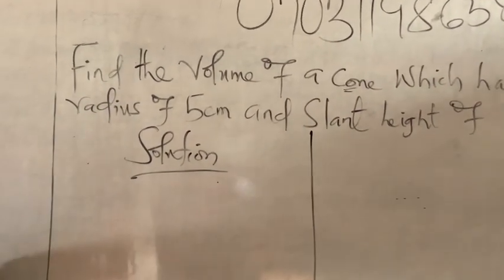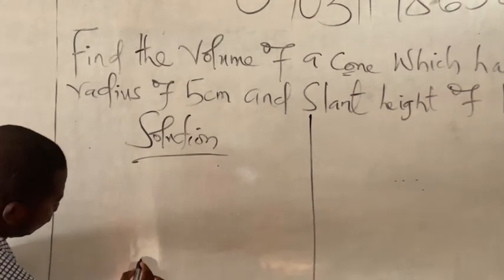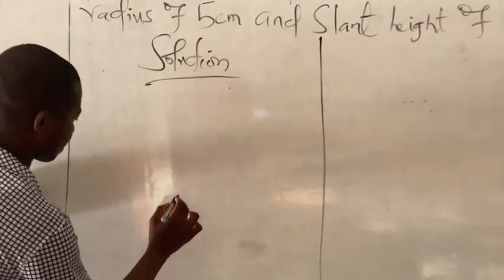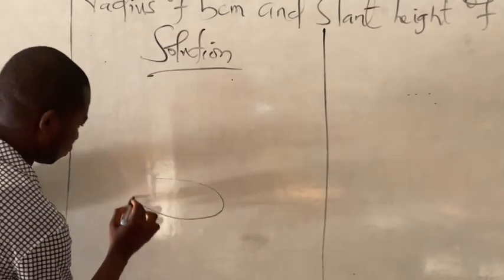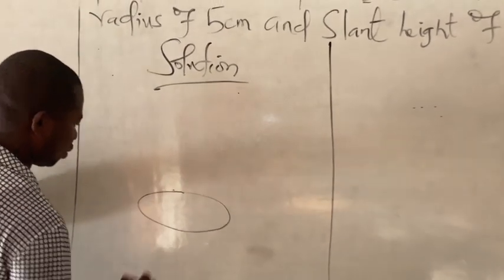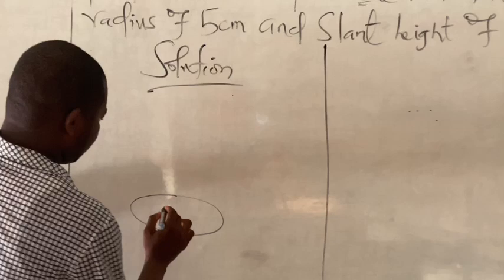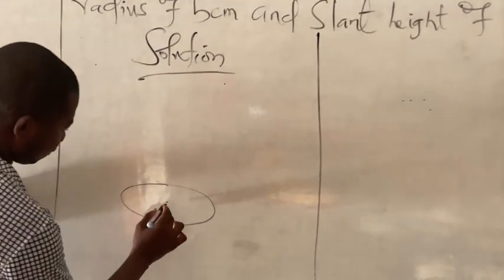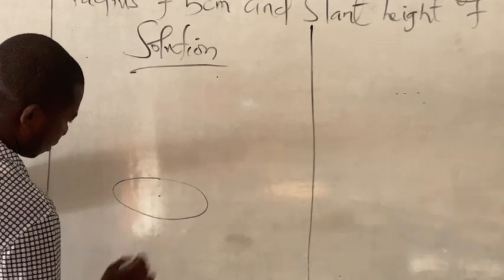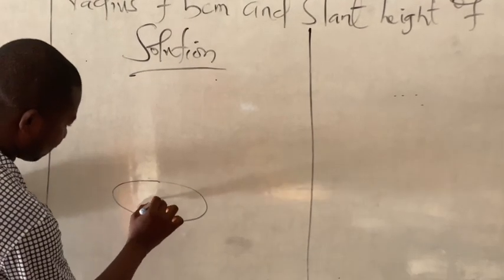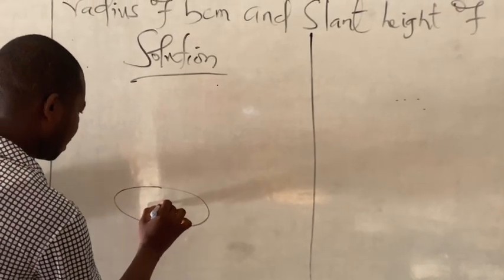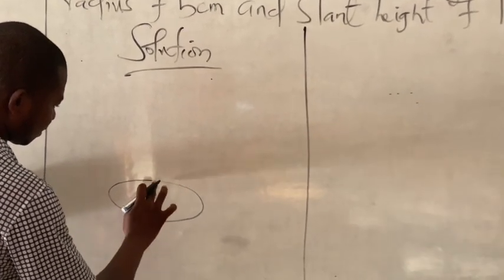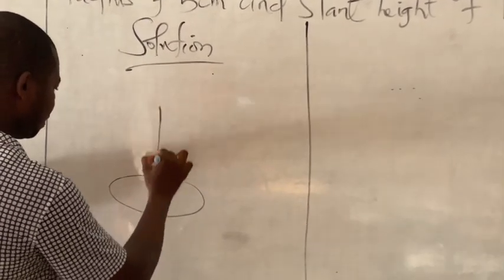Now, the object called a cone takes its shape in this format. I'm not too good at drawing. Here is the center of this shape. Then from the center, there is a line drawn which goes up this way.